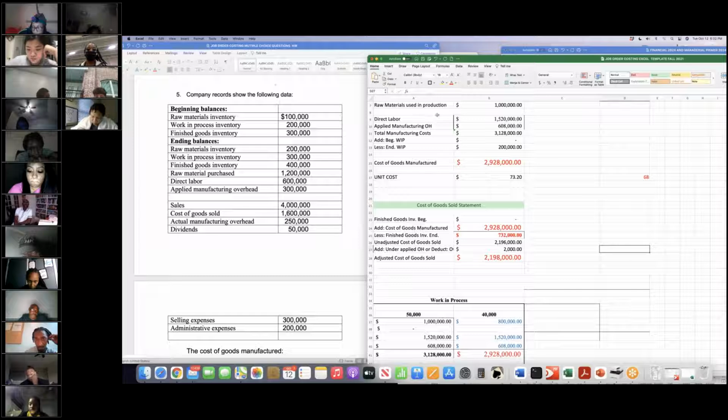To answer those multiple choice questions, you're going to use those numbers and complete the cost of goods manufactured schedule, then the cost of goods sold schedule, and then the income statement. That's what I want you to do, and then you answer the multiple choice questions. So two things: you'll become familiar with these statements and you get the multiple choice done. You have to put the numbers in.